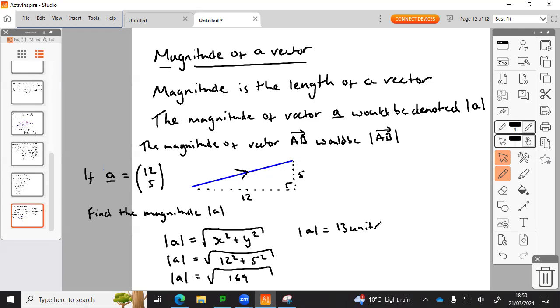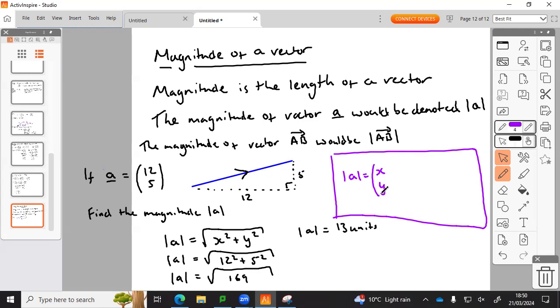Just if you wanted a wee reminder. It's explained in component form. Magnitude of A, essentially you're just doing Pythagoras.